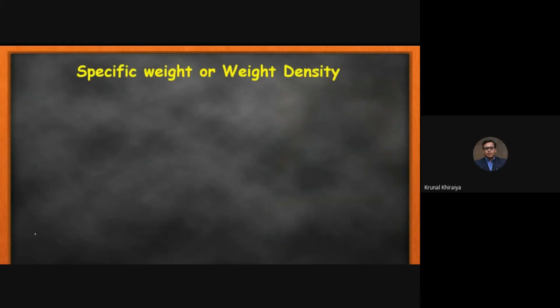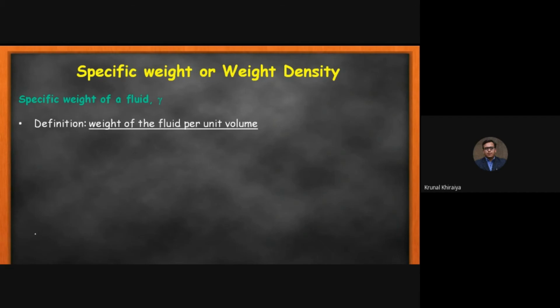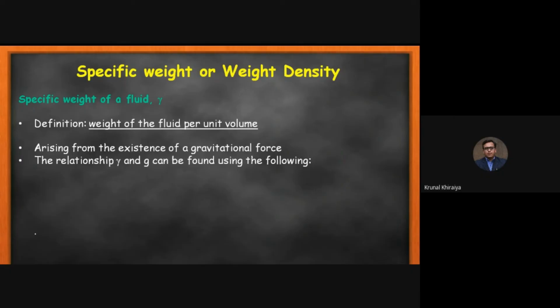Now the next property is called specific weight or the weight density. It is indicated by gamma. The definition is the weight of the fluid per unit volume. And we know that weight means mass multiplied by gravitational acceleration.